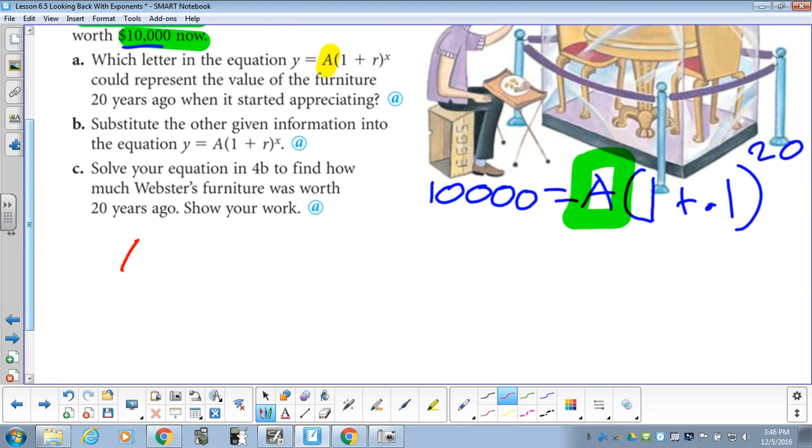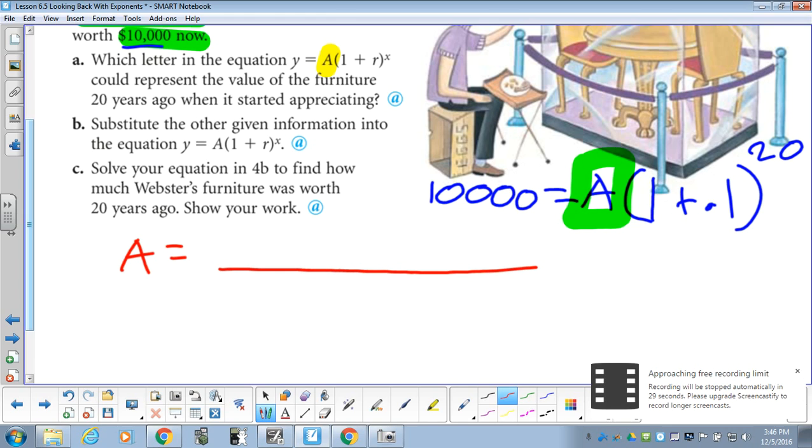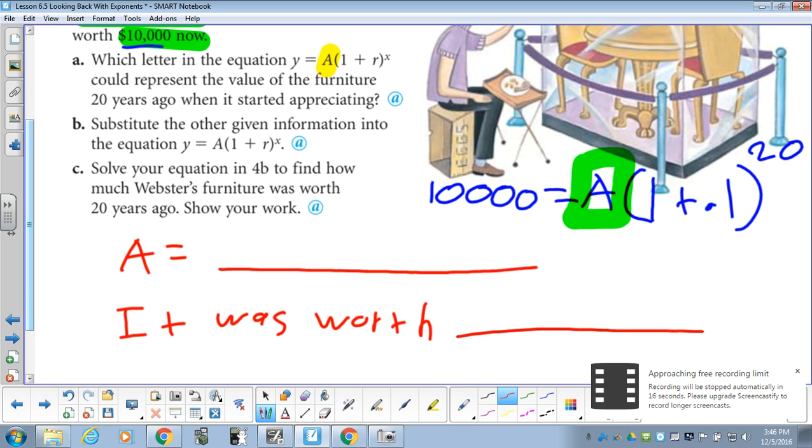You'll say A equals some number, and then you will say it was worth blank dollars 20 years ago.